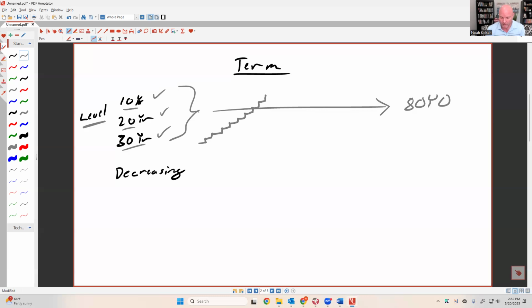So you've got a level premium. I'll just keep this simple. We'll say you've got a level premium for a specified time frame, and then at the end of that time frame, the premium usually is a substantial increase. So it might start right here, and it goes like this.